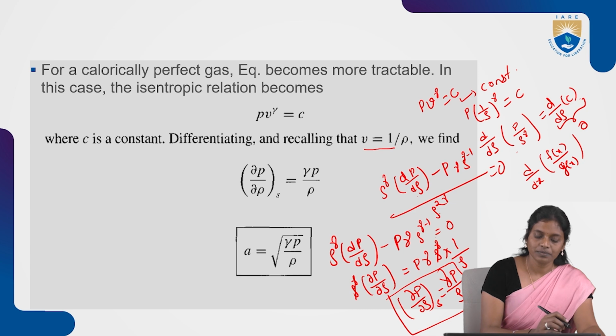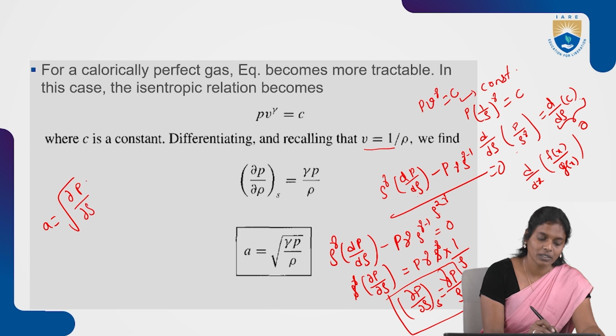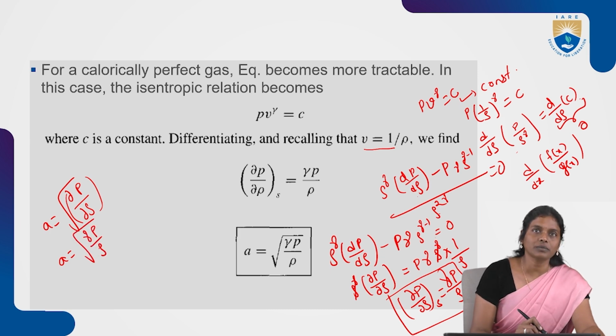So what we know, a equal to under root of dou p by dou rho at constant s. a equal to under root of gamma p by rho, right? So what we know further?